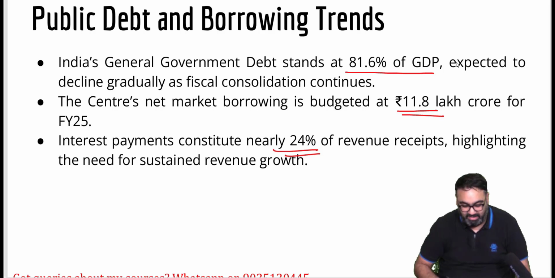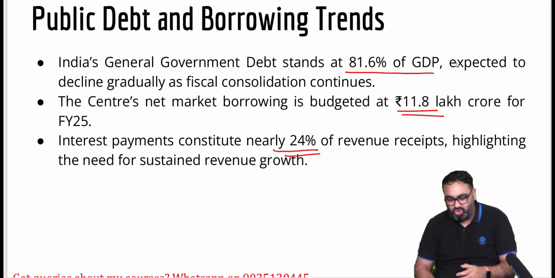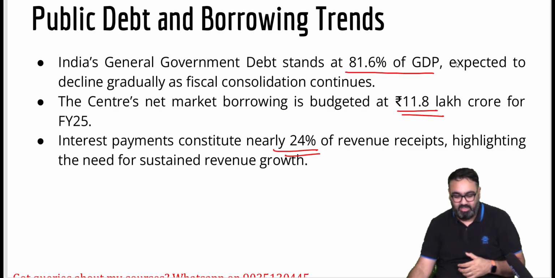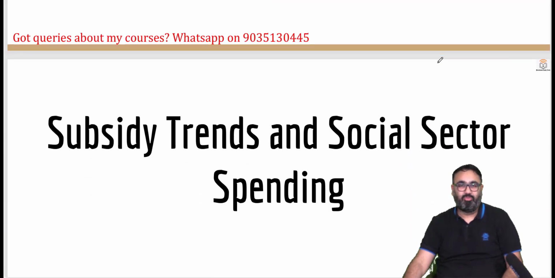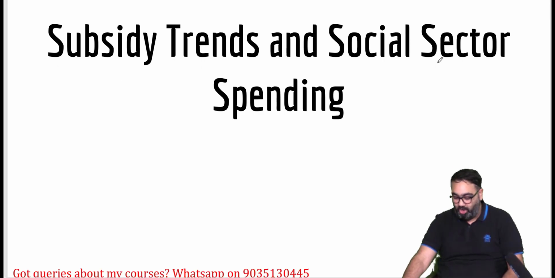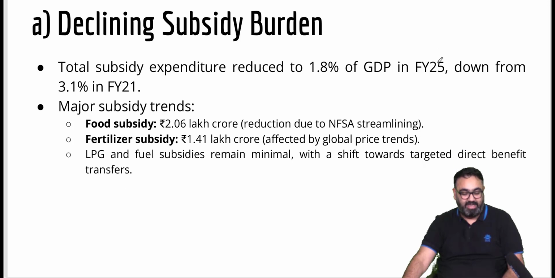That is a big concern, because a big part of the money that we earn just goes into the interest we have to repay on the loans we have taken. So when you take fewer loans, you have less interest to pay. That also is the government's endeavor, to reduce interest payments in the long run. What about the subsidies that contribute a lot to fiscal deficit? The government is trying to reduce the subsidy burden increasingly.